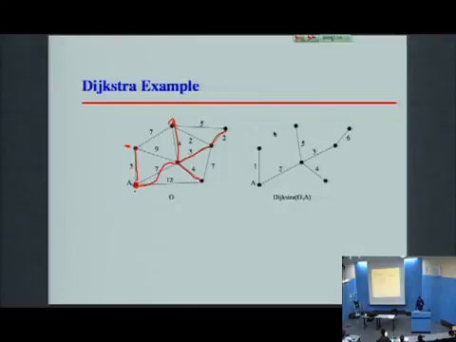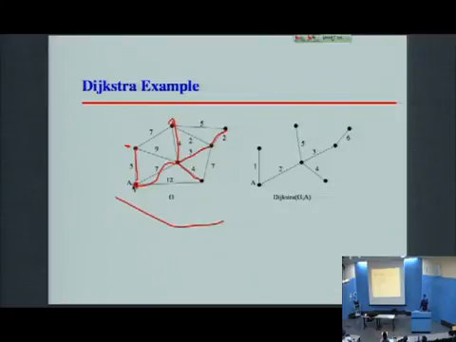And the cost of getting to that vertex is the cost of an edge plus the cost of getting to that other vertex. Before it was just the cost of the edge. That was the only difference. And what's great about this is this gives us a shortest path tree. We get the shortest path from vertex A to every other vertex in the graph. Any questions about that?